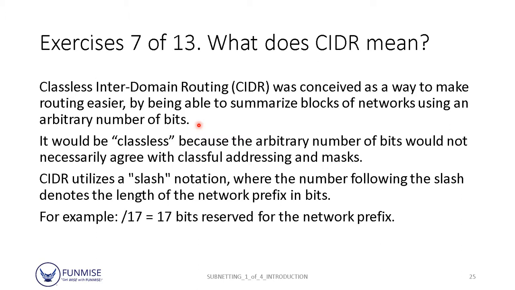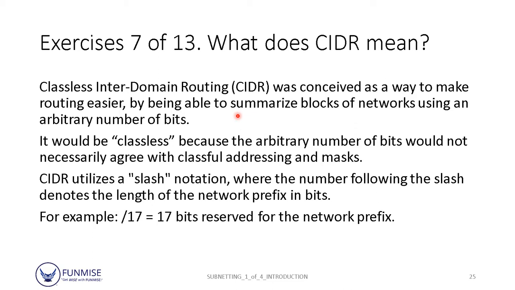By summarize, I mean they could accommodate multiple networks within a single notation versus having to account for each network individually. By using classless interdomain routing, they wouldn't have to worry about adhering to classful addressing and masks, but could choose their own boundaries where they felt like.